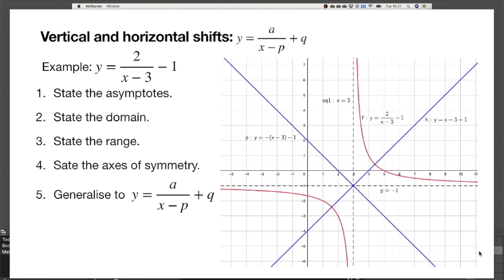And so to answer the domain, we just need x to be a real number, but x must not be equal to 3. And now for the range, you will notice again the graph exists everywhere except when y is equal to -1. So the range is all real values of y except -1.